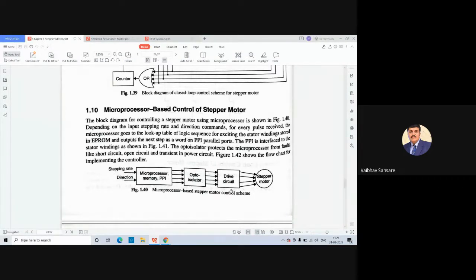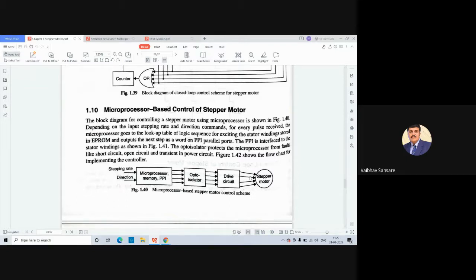Whatever switching sequence is generated by the particular control strategy is applied to the gate driver circuit of a particular semiconductor switch or device present in a particular stator phase.